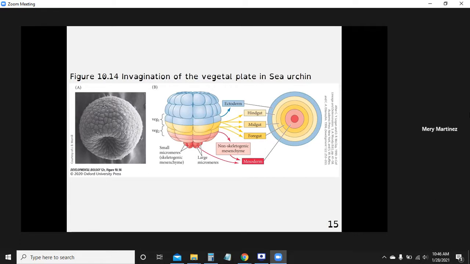So this is what we see in this fate map here. The central portion is gaining its fate, right?